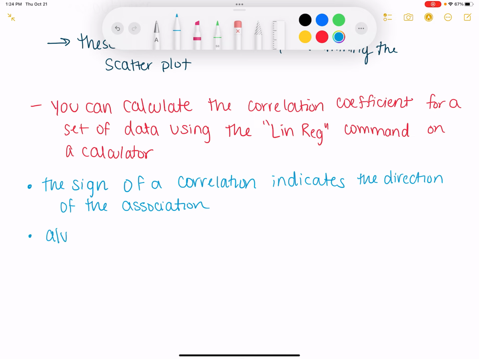It's always between -1 and +1, but rarely exactly -1 or +1.